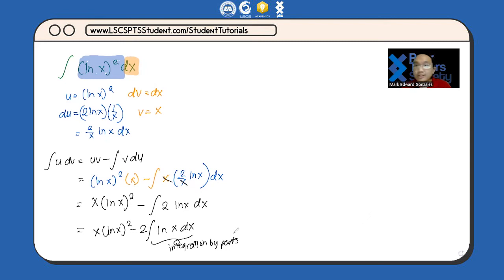So let's perform integration by parts to get the integral of ln x. Quite interesting, since integration by parts is necessary to get the square of the natural logarithm. It's also necessary to get the integral of the natural logarithm itself. Okay. This will serve as our u.